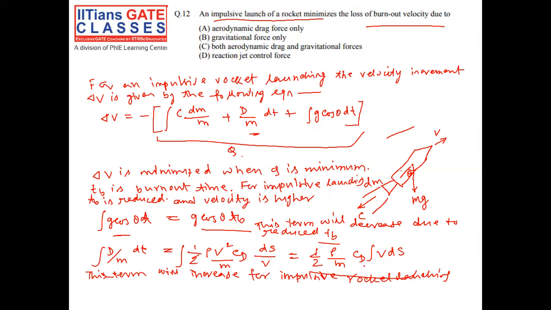Hence, this is not contributing to minimizing the burnout velocity loss, right? So our answer will be this term only, g cos theta dt. So gravitational force only will be the answer.